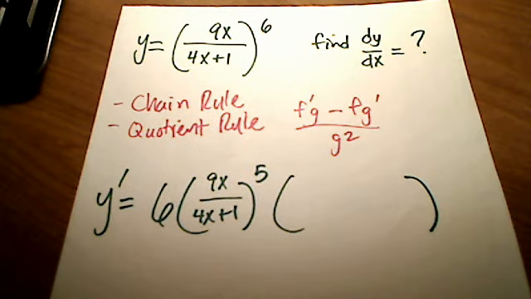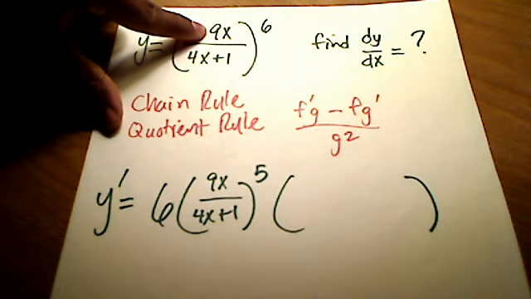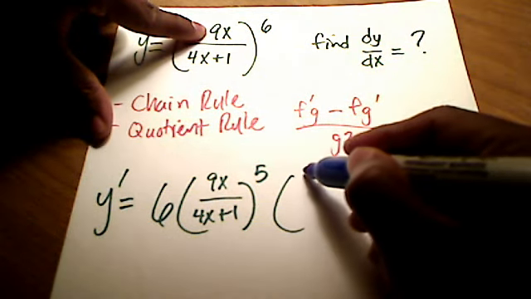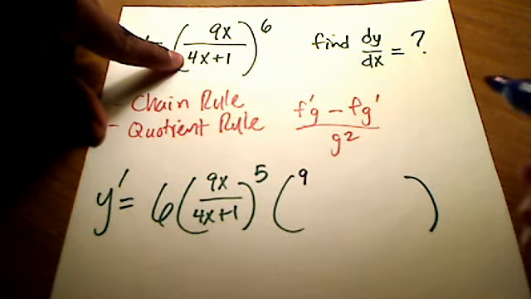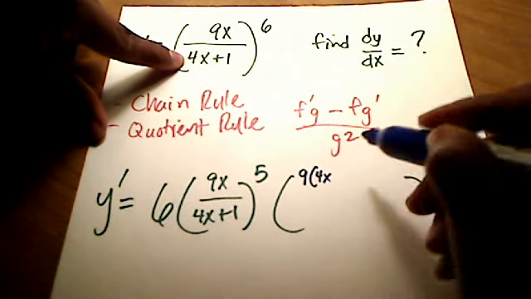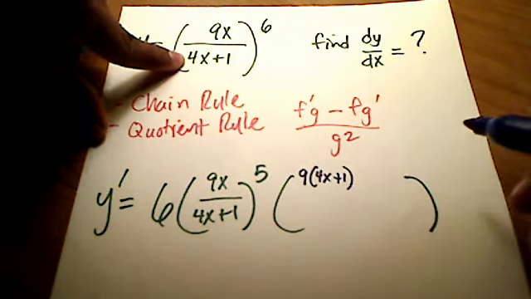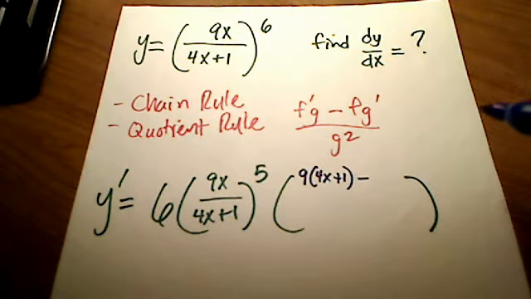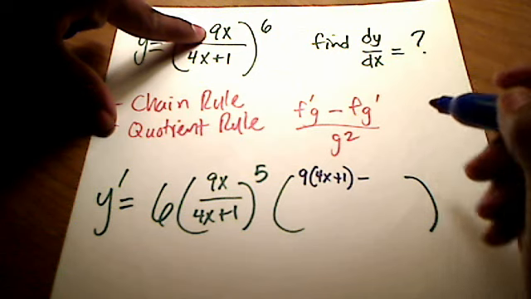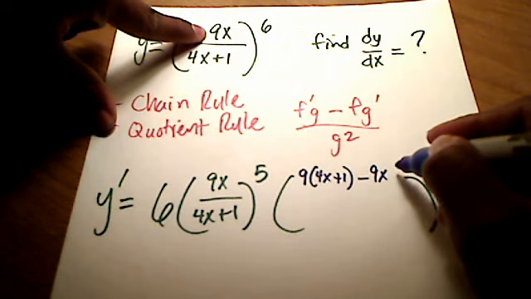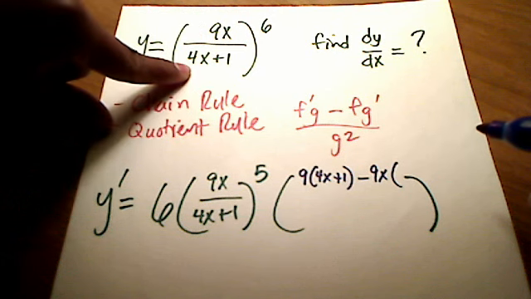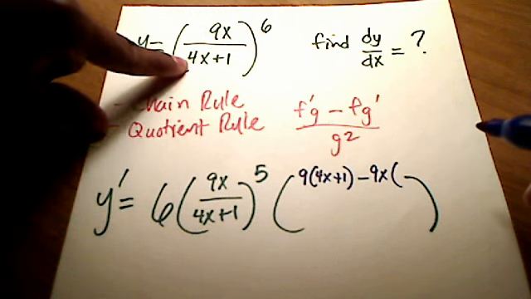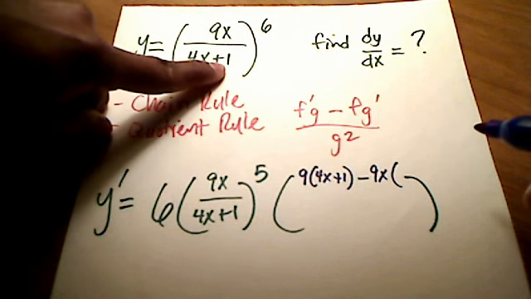The quotient rule says give me the derivative of the numerator, 9x, which is simply 9, times g, so I'll put in parentheses 4x plus 1, minus f, the numerator 9x, times the derivative of g, the denominator, which is simply a 4, because the derivative of 1 is 0 and it goes away.